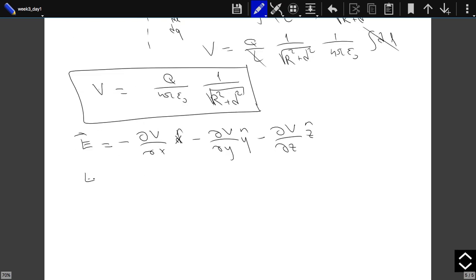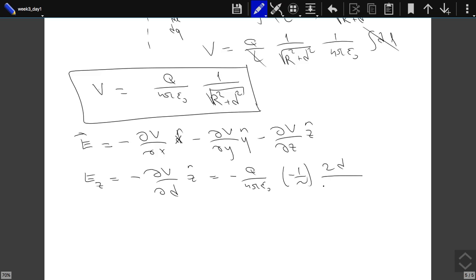So the z component of the electric field is equal to minus dV by dz in the z direction. This is equal to, well, if you just take the derivative, you get minus q over 4 pi epsilon 0, then minus 1 over 2, twice d, divided by r squared plus d squared to the power 3 halves.